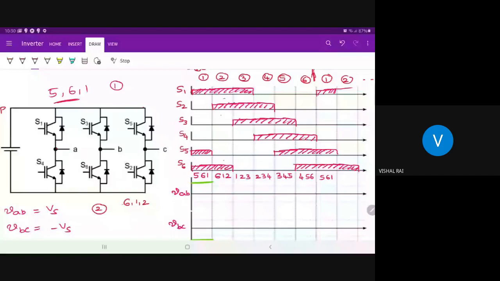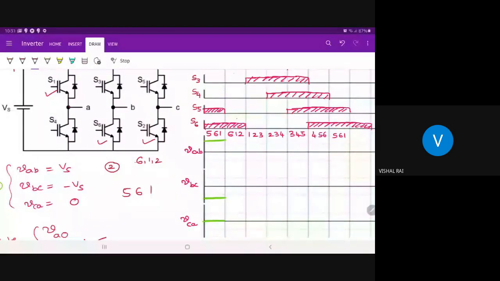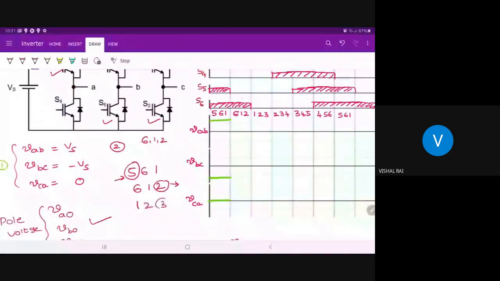Notice that the transitions are like this: from 561 to 612, here 5 is the outgoing device and 2 is the incoming device. Again in the next case, 1 is the outgoing device and 3 is the incoming device.